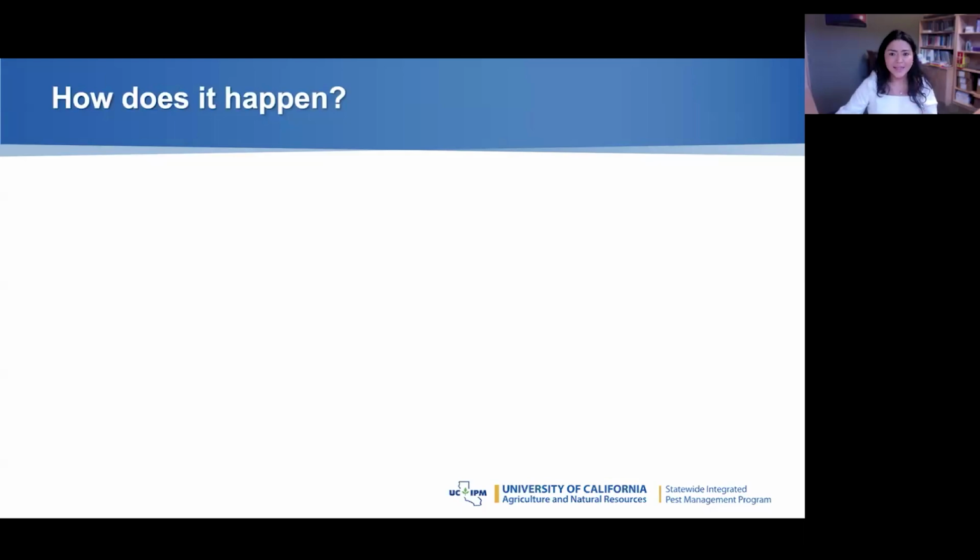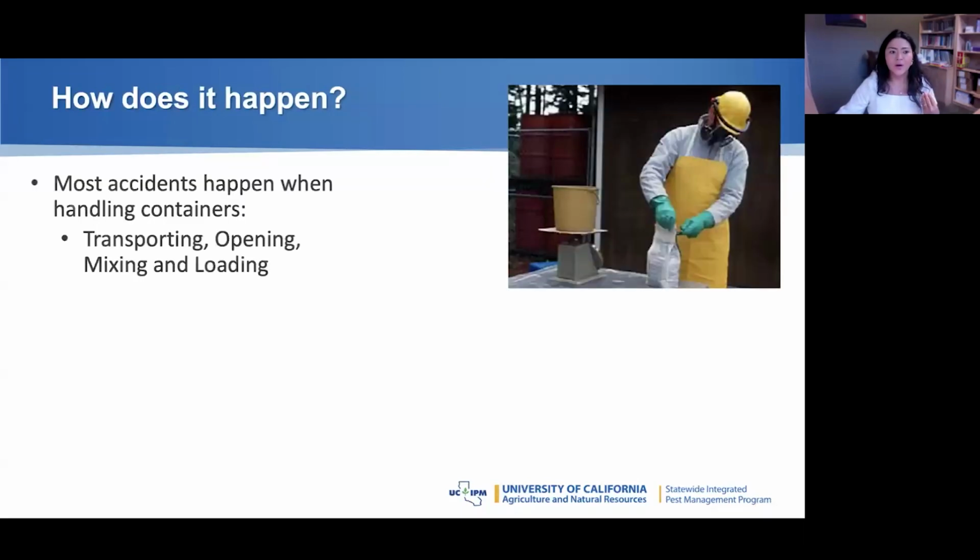And most accidents happen when people are opening or mixing or loading a pesticide, because typically in the professional use of pesticides, they're going to be in a very concentrated form. So high concentration of the active ingredient.